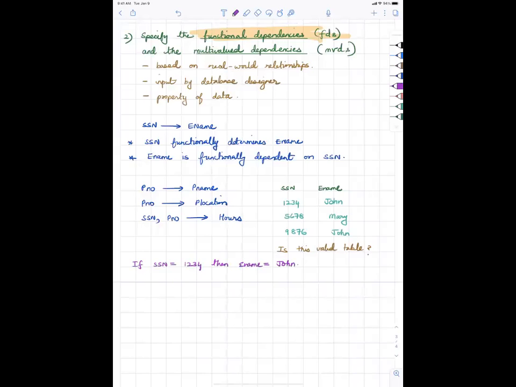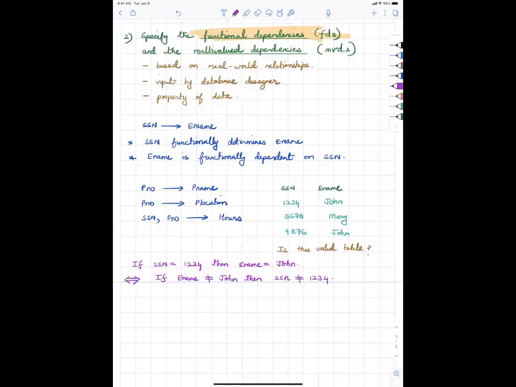That is equivalent to saying if e-name is not equal to John, then SSN is not equal to 1, 2, 3, 4.